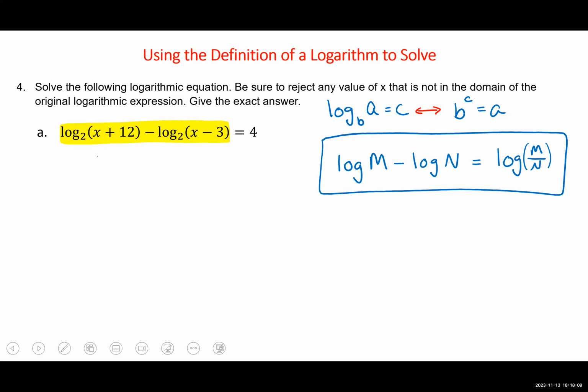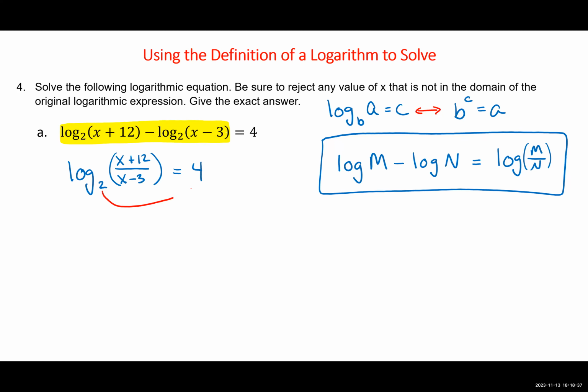So the left-hand side of the equation becomes the log base 2 of x plus 12 over x minus 3 is equal to 4. All right, so now we've got the log of something is equal to a number. This looks like the definition of the logarithm to me.